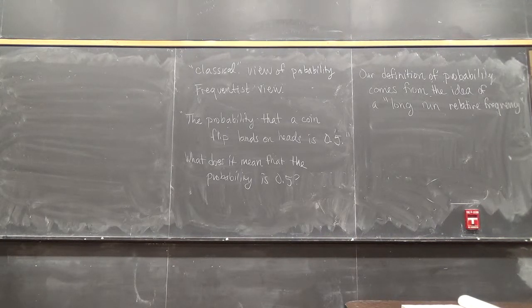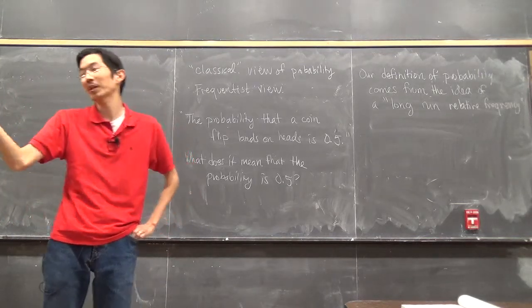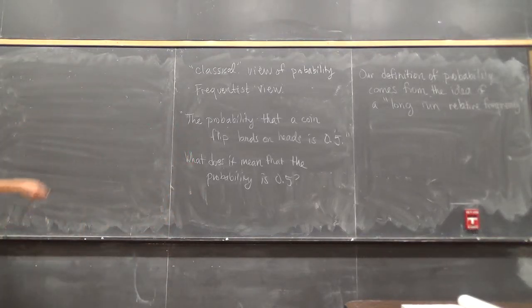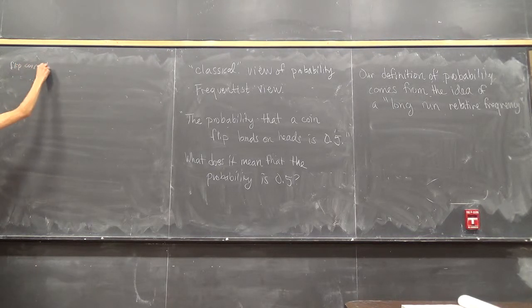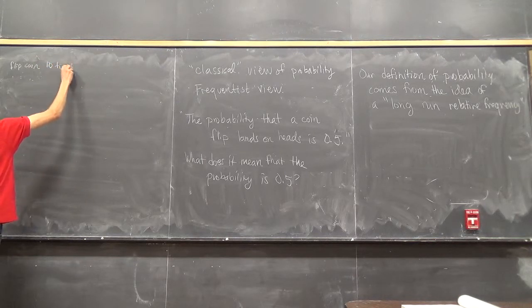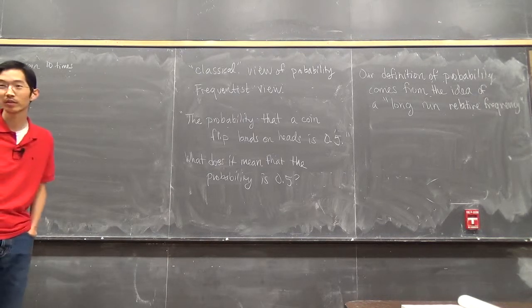So for example, let's say part of your homework assignment was to go home and flip coins a bunch of times. I'm not going to assign this, okay? But let's say I told everybody, flip the coin 10 times. What kind of results might we see when someone flips a coin 10 times?